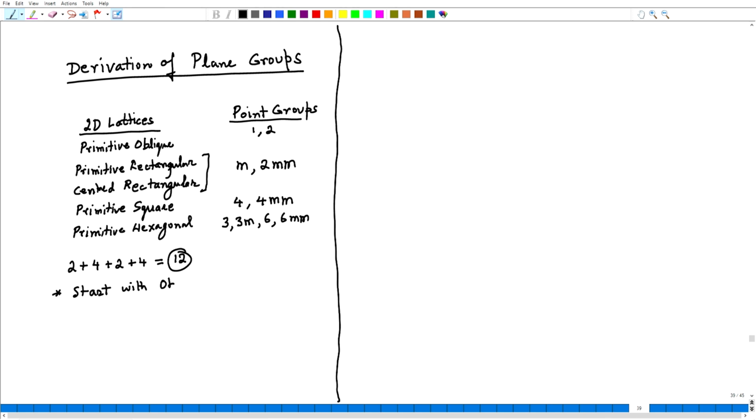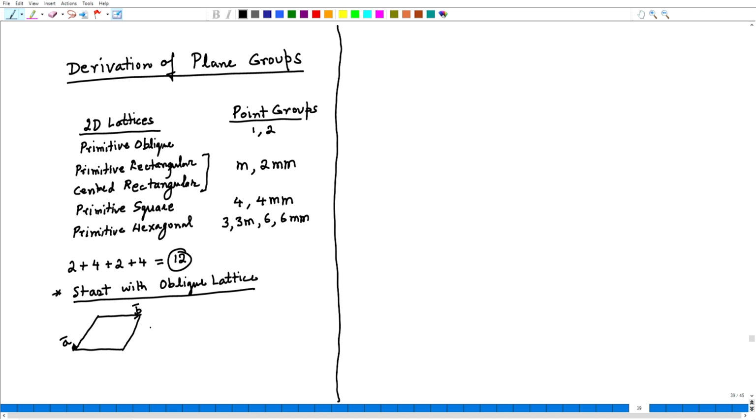the oblique lattice. We know that I am going to keep this as my vector A, this out here is the vector B. Oblique lattice can take point group 1 and 2.